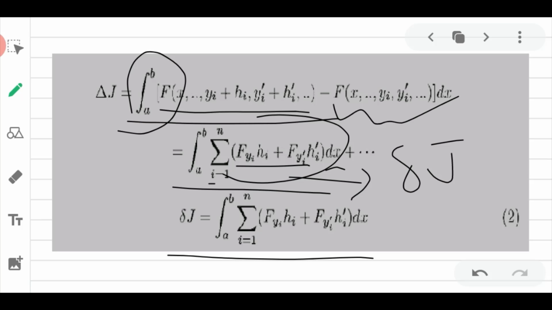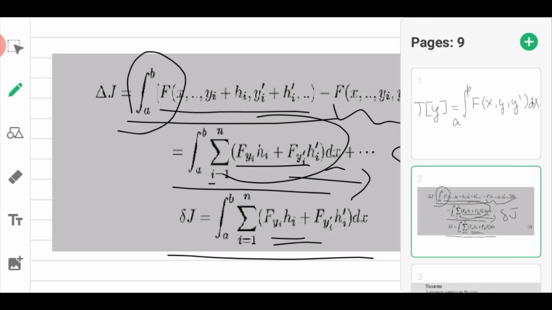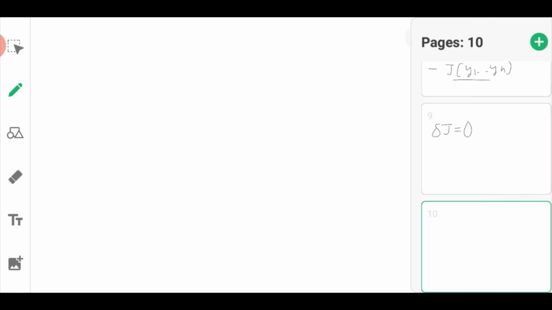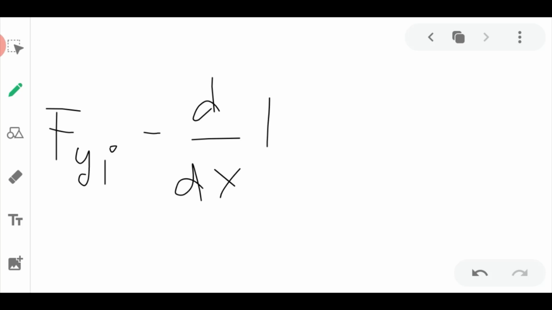So our variation delta J is given by the following integral, and this integral must be identically equal to 0, which is a necessary condition for an extremum. This is true only if the function y sub i satisfies the following equation, which we call the Euler Lagrange equation: F sub y i minus d over dx of F sub y prime i is equal to 0.